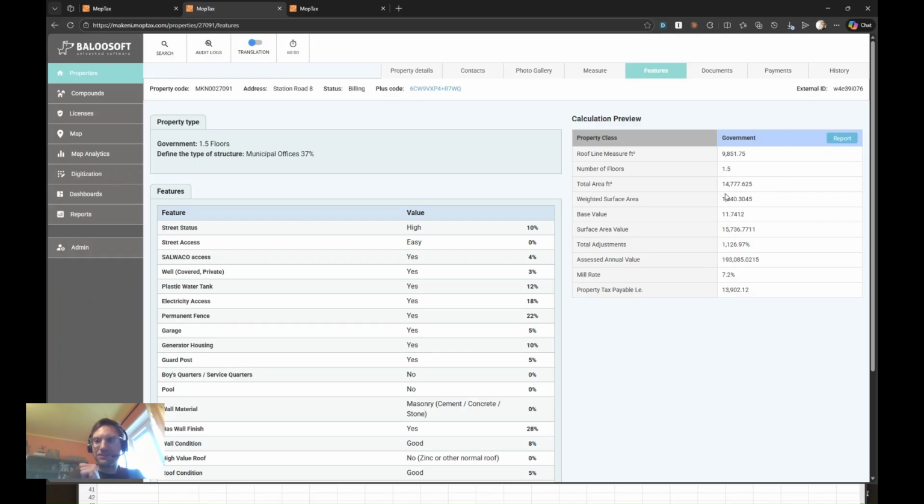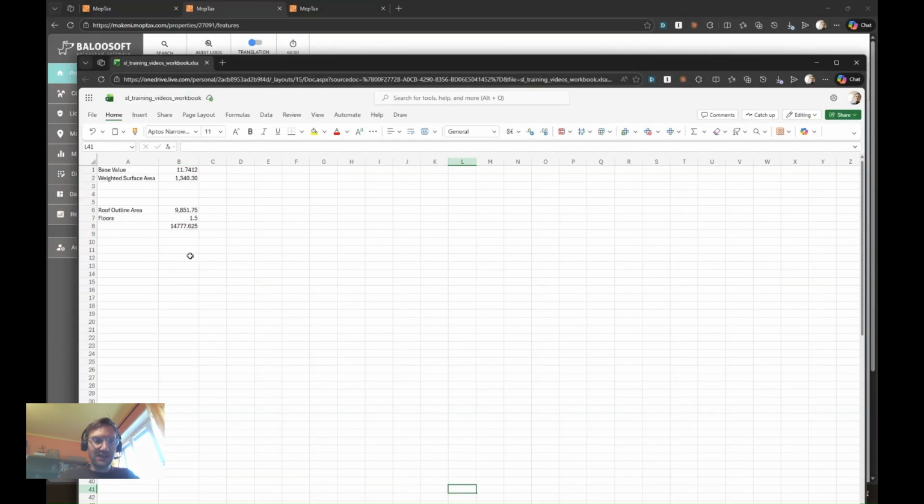That is correct. 14,777 total area. Now we have to apply the weight. To get the weighted surface area, we have to take the surface area and apply the weight to it. If you remember, the weight in McKinney is 0.75.